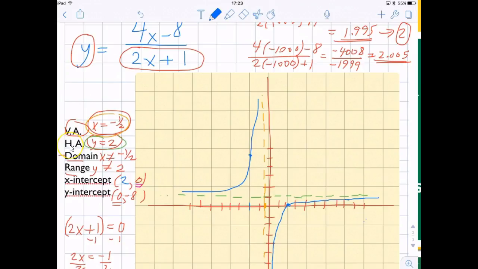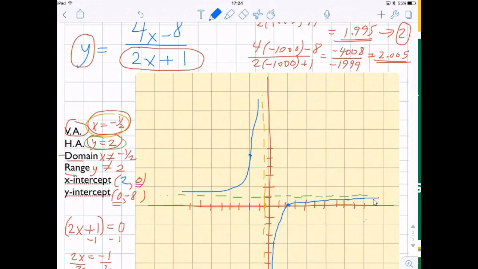What about horizontal asymptote? A horizontal asymptote, this green line here, the green line is the number that is approached by the blue function when you go way to the left or way to the right. When you go way to the left, x is equal to negative big number, like negative 1,000. When you go way to the right, the x value for the blue function goes to a positive big number, like x equals positive 1,000.